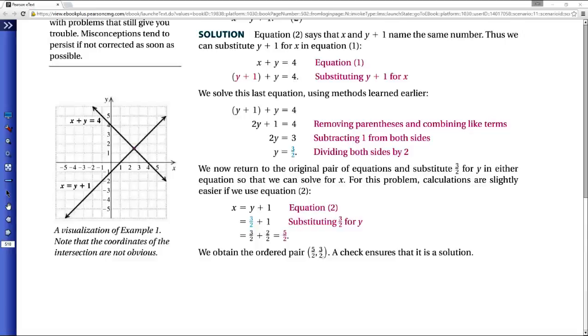Now, if we did all our math and algebra right, this ordered pair represents the common ordered pair that is a solution to both of these equations. And I can test that. I could go back into either one of these and see if those work in that case.